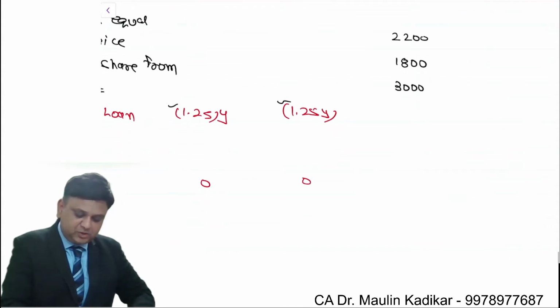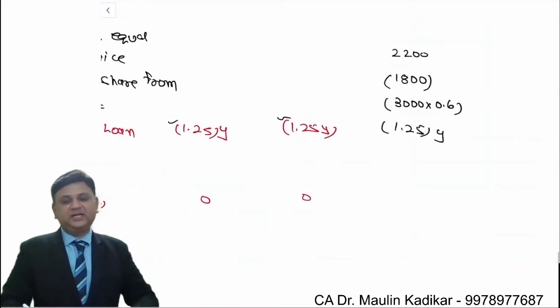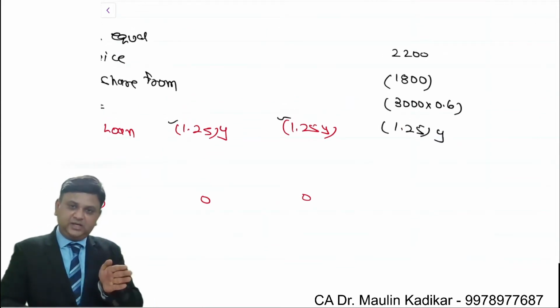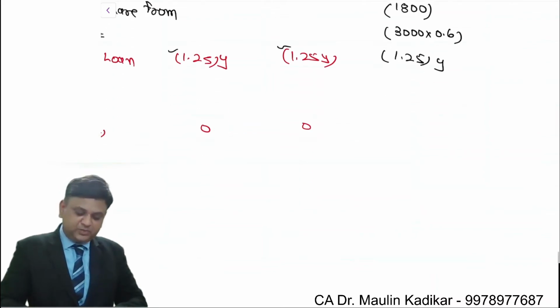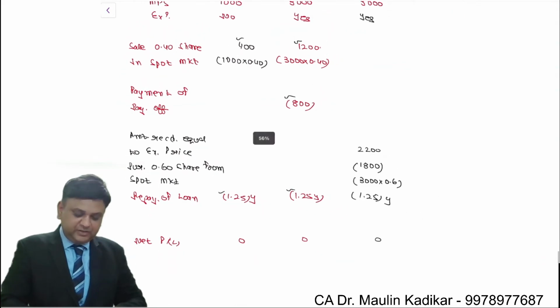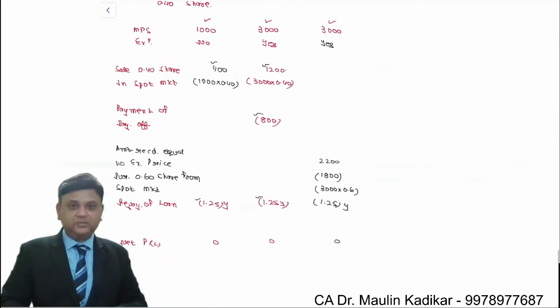The repayment of the loan will be the same, 1.25y. Again, you can understand logically that there is nothing great in it. 2200 minus 1800, 400 minus 1.25y is equal to 0. So these are the three methods that you can have for calculation of the answer.